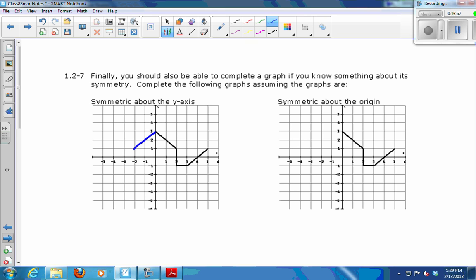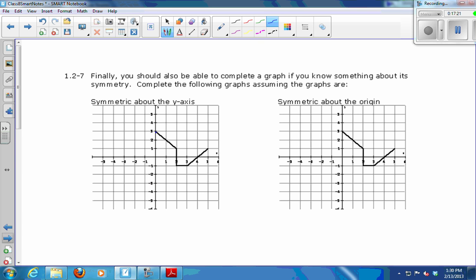So you'd have like this, this, this, like that. Okay. But you're welcome to do it that way, totally fine. That's easier for some people than it is for others to be able to visualize what the other side is going to look like. So if you find that difficult, little trick is use the definition of symmetry, right?